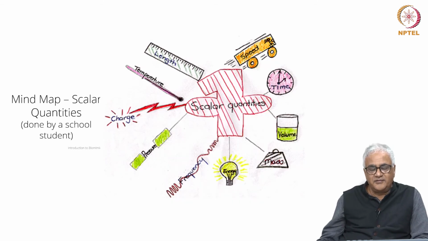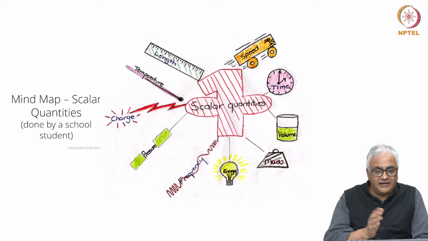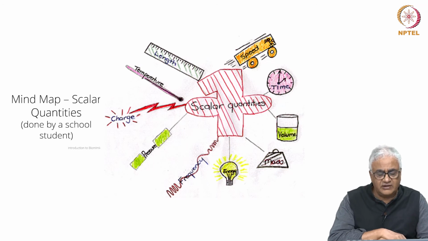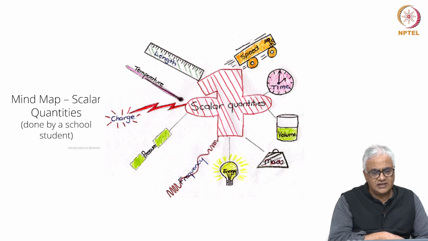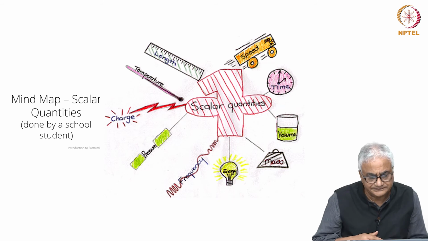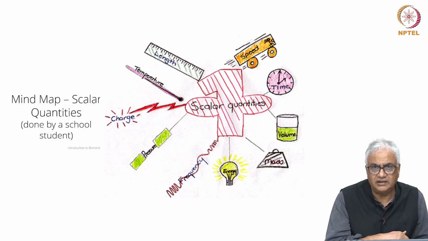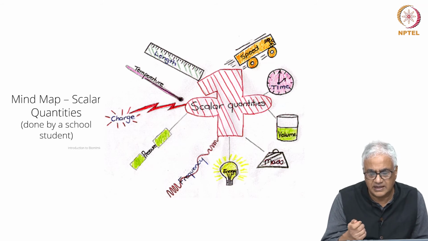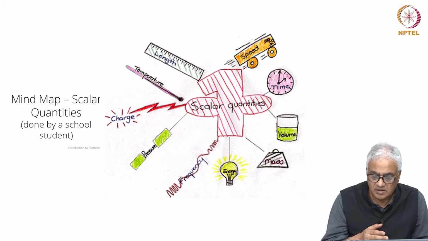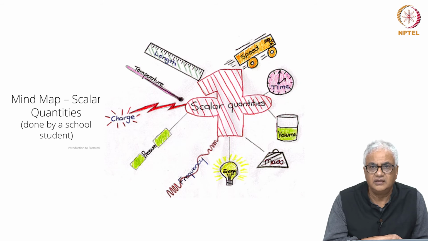Look at this, drawn by a kid. Well, look at the way he's drawn mind maps. So he wants to do scalar quantities, done by a student in a school. And he's depicted length, temperature, charge, pressure, frequency, everything, beautiful pictures, right?